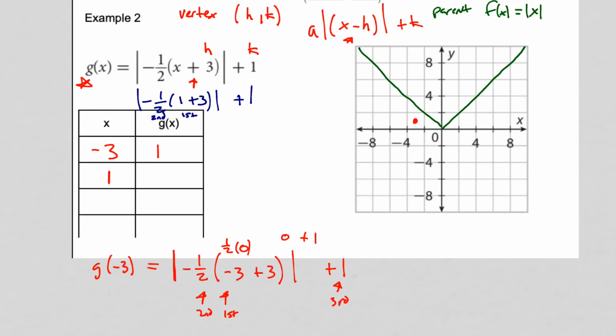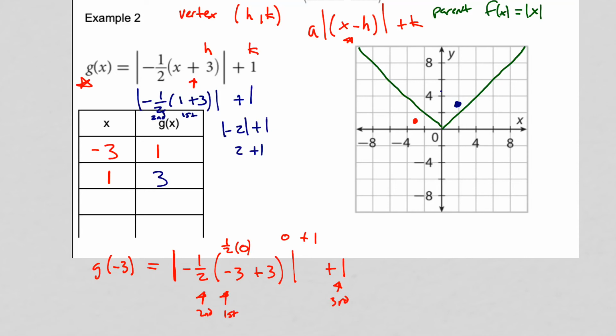So I'm going to wind up with -2 plus 1. Oh, you know what, I forgot. It's not -2 because I still have to do the absolute value of that. So the absolute value of -2 is 2, so it winds up being 2 plus 1, 3. So then I find 1 and 3, and that's about here.